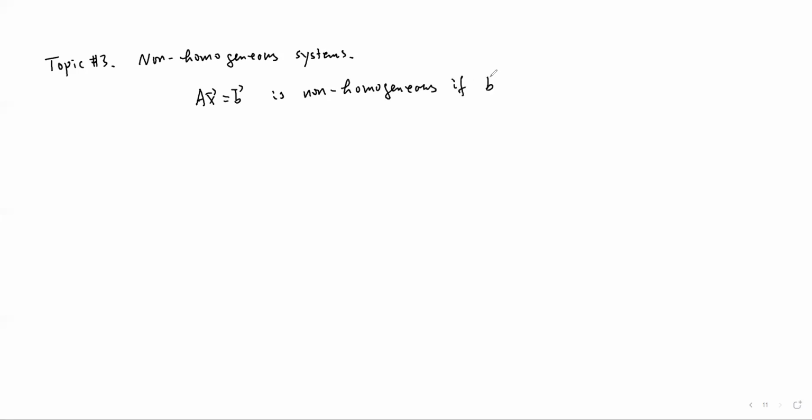A linear system is non-homogeneous if the right side is not 0.